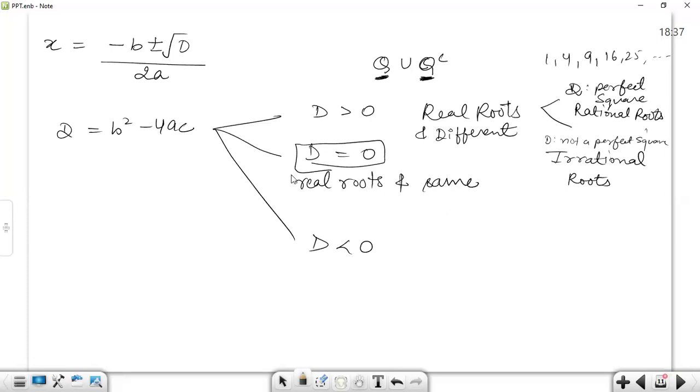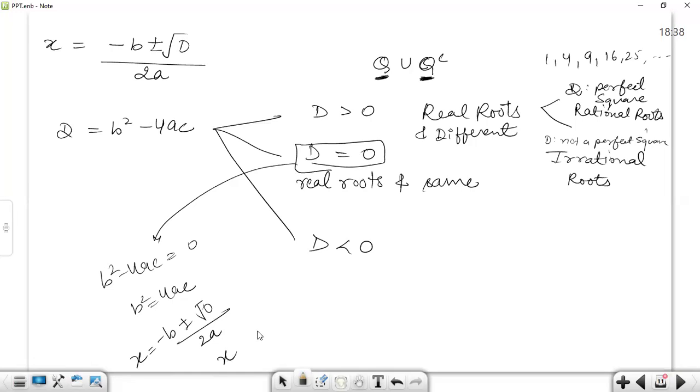Why so? When the discriminant is 0, b square minus 4ac is 0, so b square is equal to 4ac. Then our solution becomes x equals minus b plus minus square root of 0 upon 2a, so x becomes minus b upon 2a.